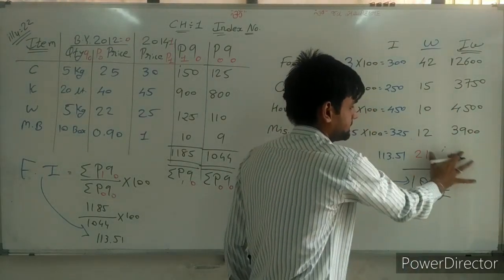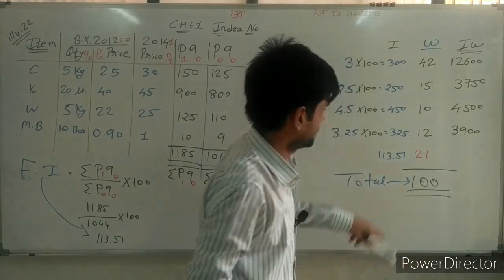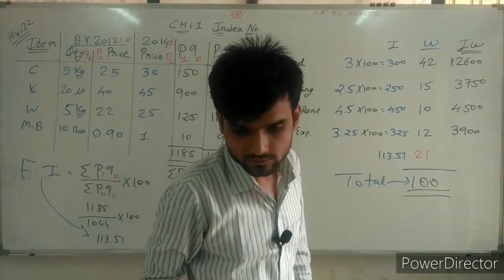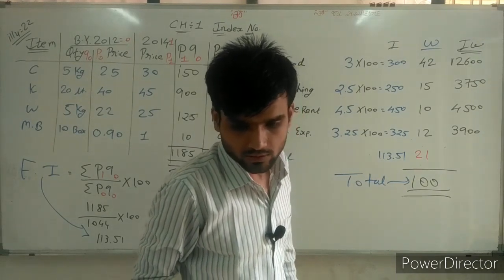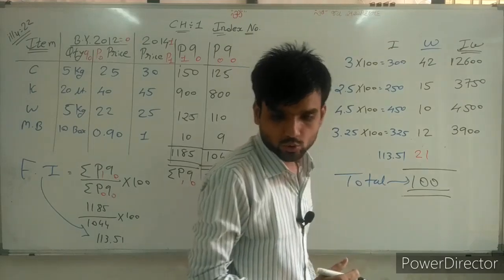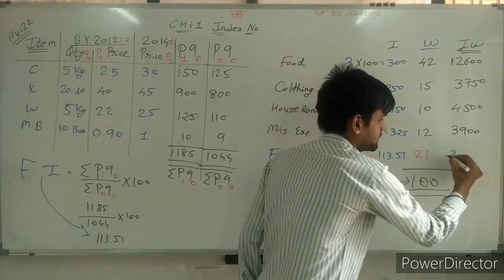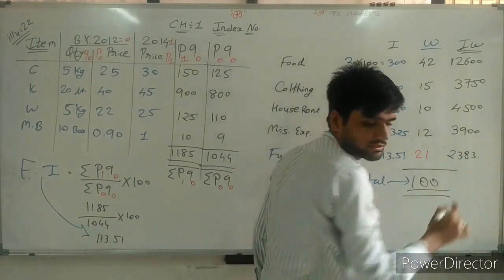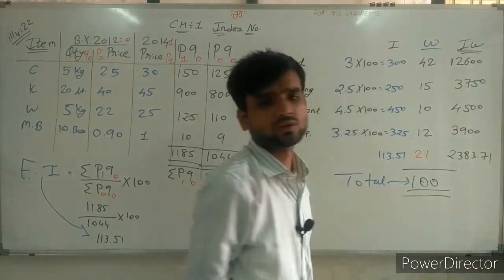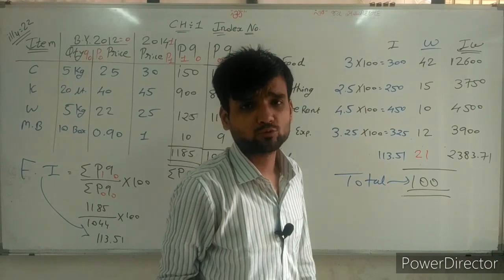And last, 113.51 into 21. We are getting 2,383.71 something. So these are the values of IW.